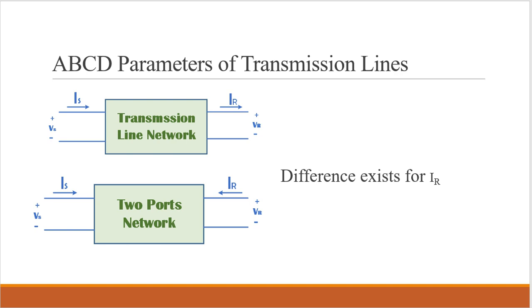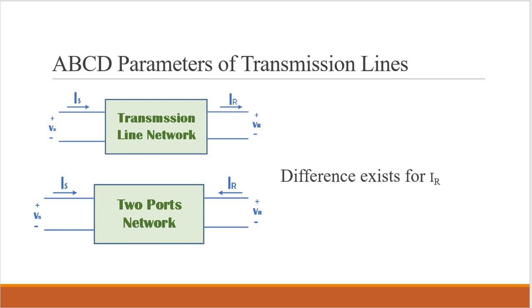Here I have Vs, the source voltage or sending end voltage, and Is is the abbreviation for sending or source current, right? IR represents the receiving end current and VR represents the voltage across the receiving end, right?